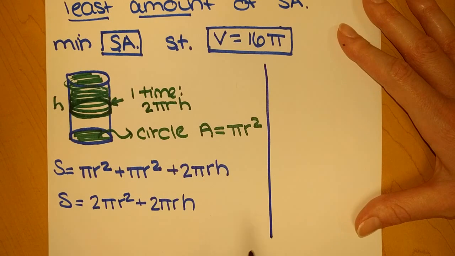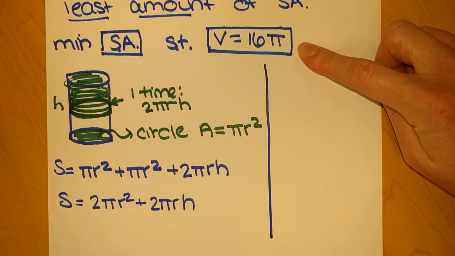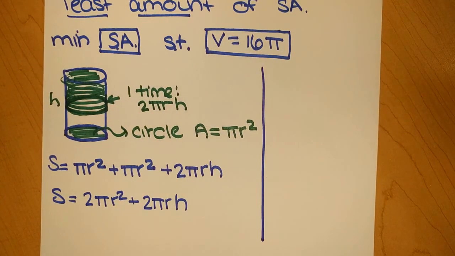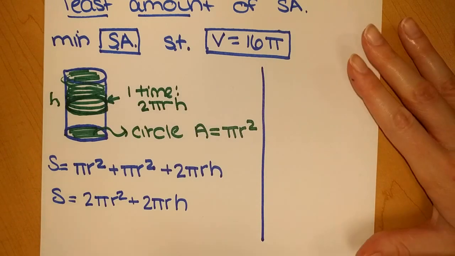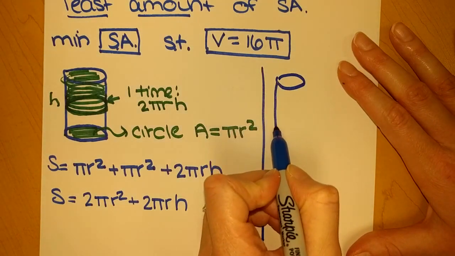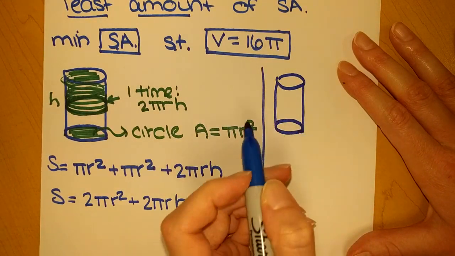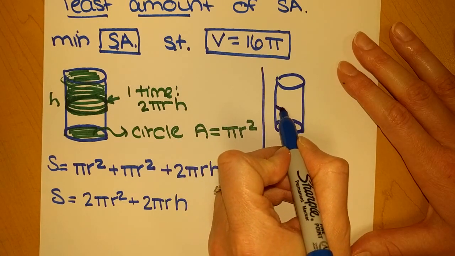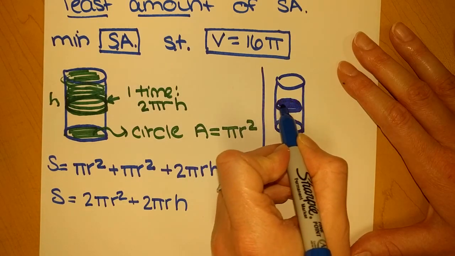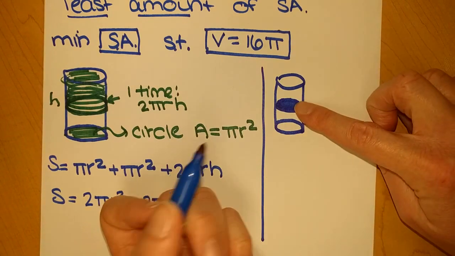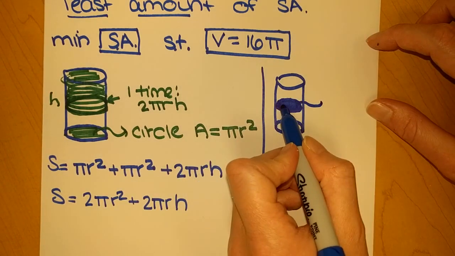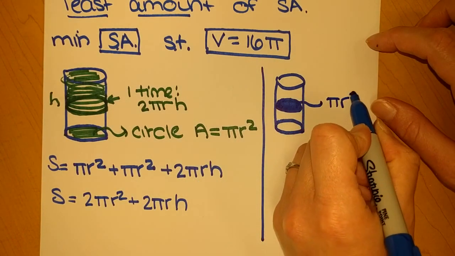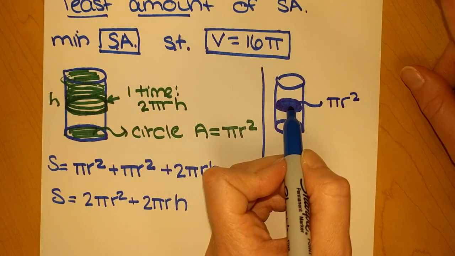Now, we have to think about what our volume formula would be. Remember, volume is going to be the contents of the cylinder. If I fill up just one little cross-section of the cylinder, I would have a circle, and the area of that circle would be pi r squared. But again, I don't just have one cross-section.